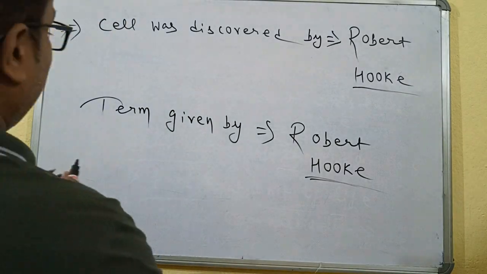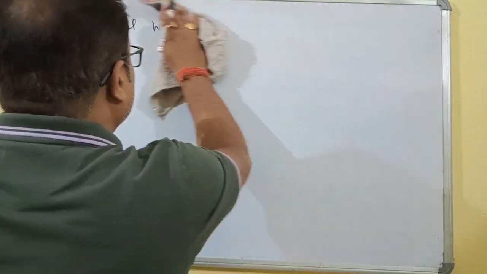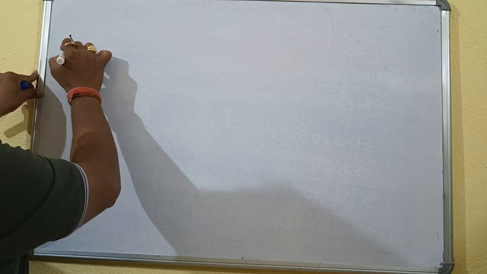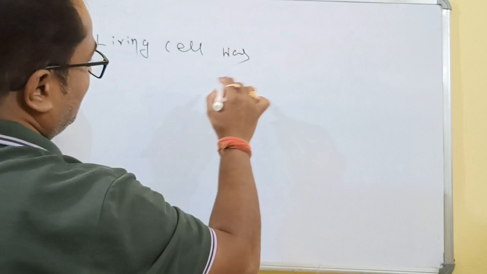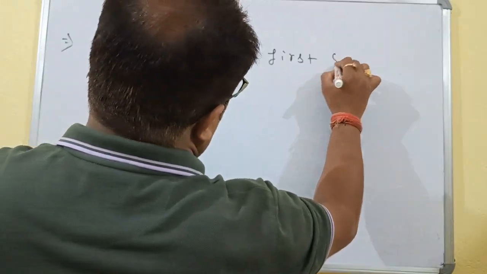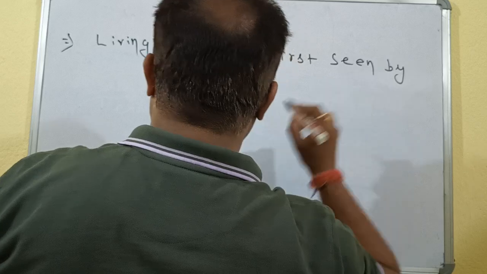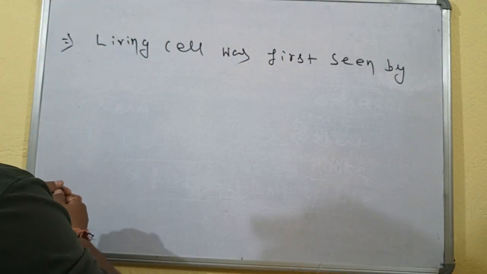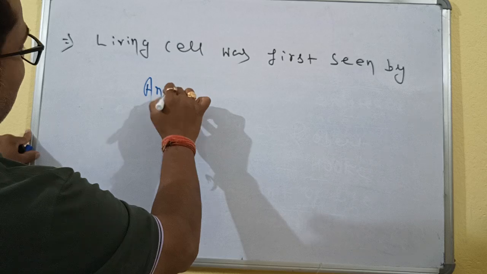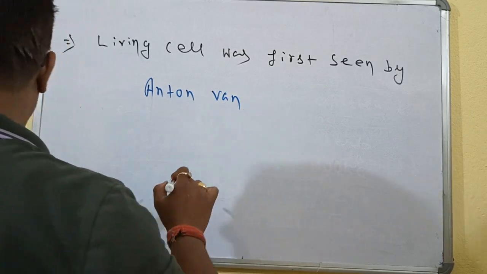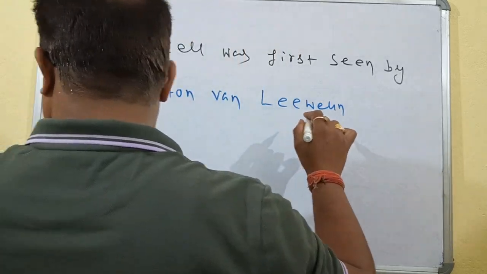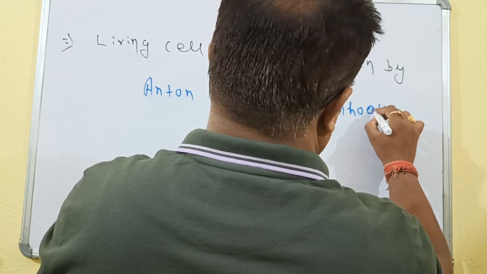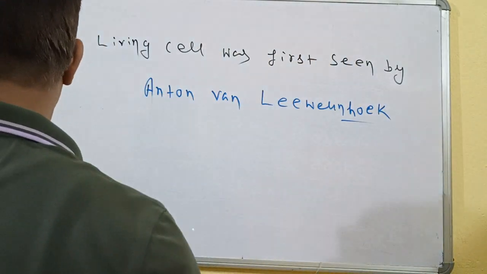A living cell was first seen by Anton von Leeuwenhoek. Which scientist? Anton von Leeuwenhoek.